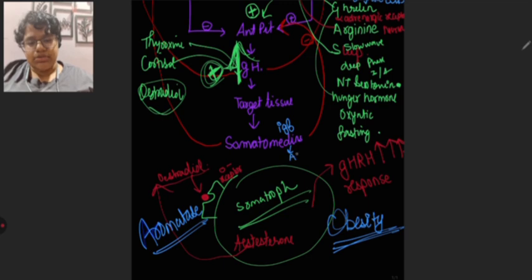Somatomedin C is insulin like growth factor 1. Somatomedin A is insulin like growth factor 2. They are called insulin like growth factors because they resemble insulin a bit in structure. In normal insulin we have an A peptide and a B peptide connected by a C peptide, and during maturation the C peptide is excised or removed.